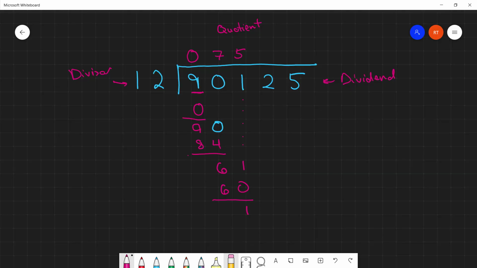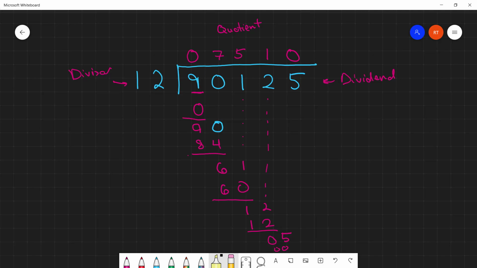Bring down the next digit to get 12. 12 goes into this once, so put a 1 here, multiply, subtract, then bring down the next digit. 12 does not go into 5, so 0 goes here, multiply, and subtract. There are no more digits to bring down, and 12 cannot go into the previous result, so the algorithm terminates.